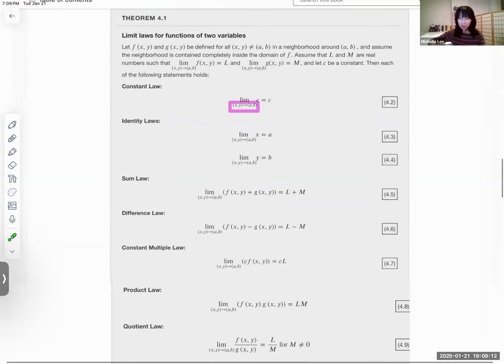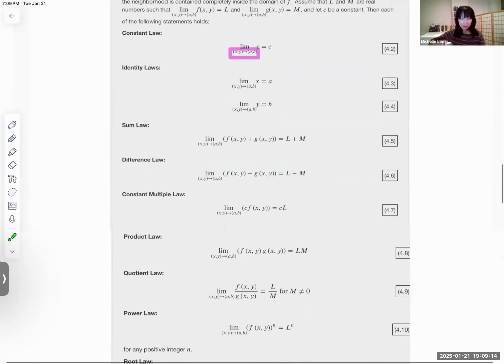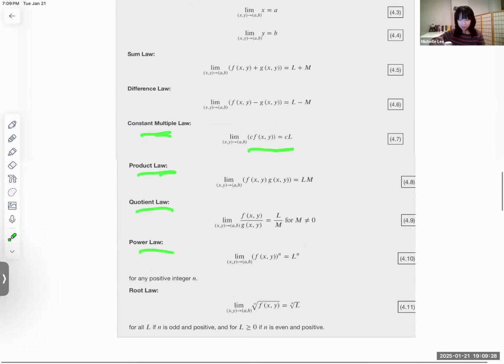Everything is the same as calculus 1: the sum law, the difference, constant, product, quotient, power, exactly the same. Make sense?